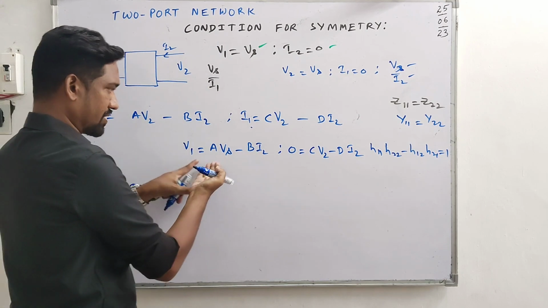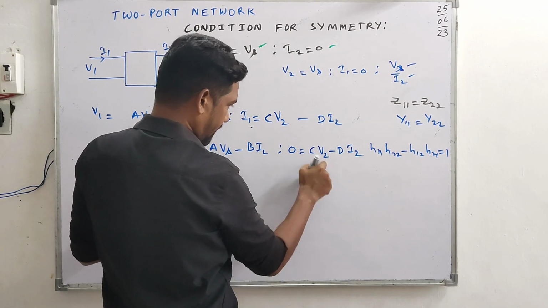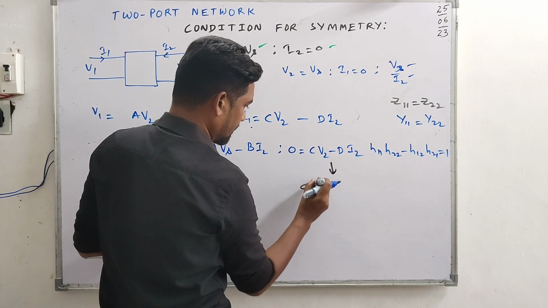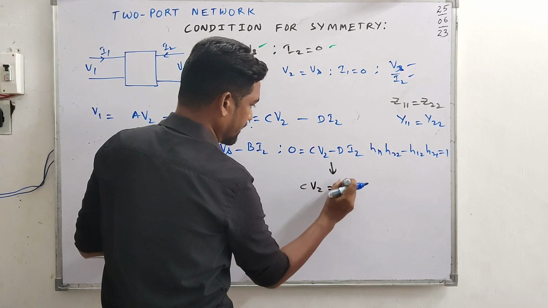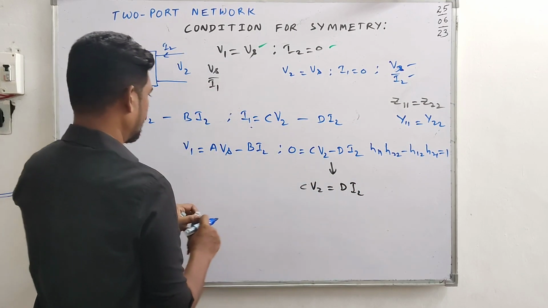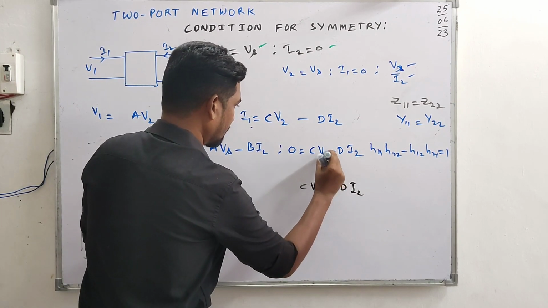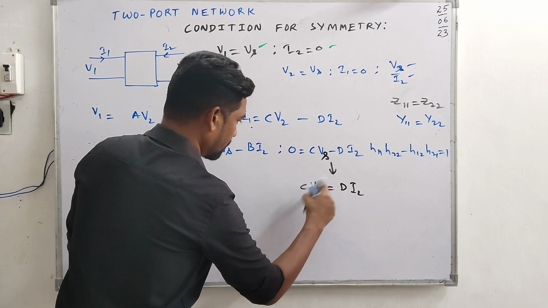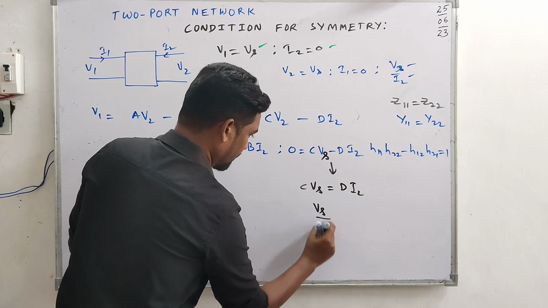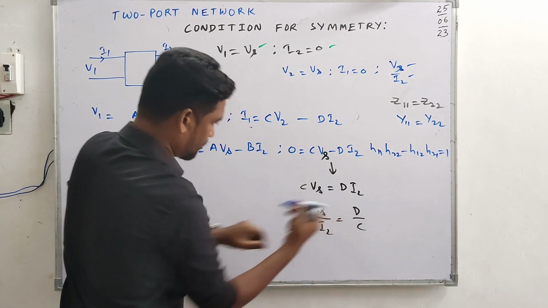We don't need to do much exercise, because here itself we get that ratio Vs upon I2. From this expression, C V2 will be equal to D I2. I'm sorry, V2 here should be Vs. So Vs upon I2 will be equal to D upon C from rearranging this one.